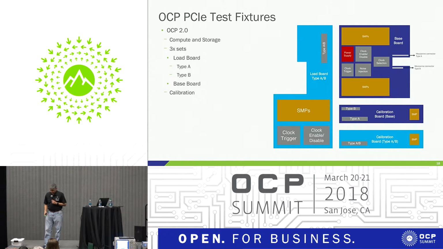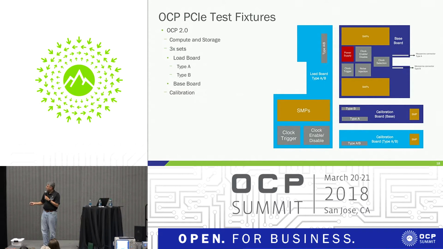So yeah, like I was saying, for the OCP ecosystem, we started off with 2.0 mezzanine. The reason we started with 2.0 is we have a good, well-established user base. There's an ecosystem out there which we can use to understand what are the things which we need to address as we go into 3.0. What do we need to be able to help solve that problem? So we started with 2.0, and in the 2.0 ecosystem, we have three sets of board test fixtures.